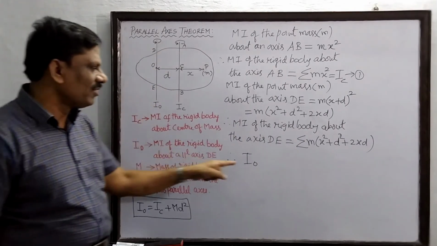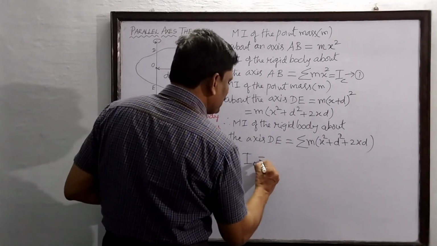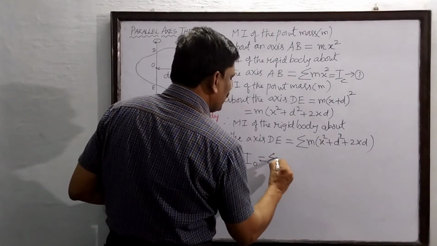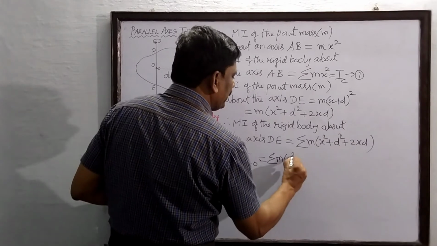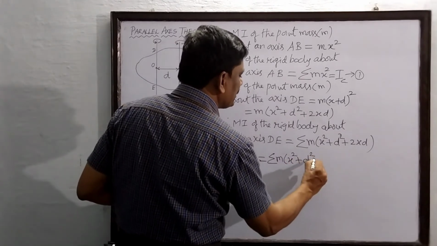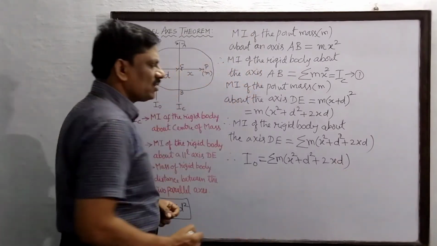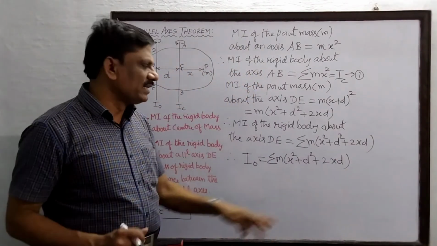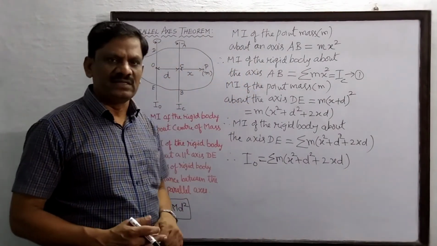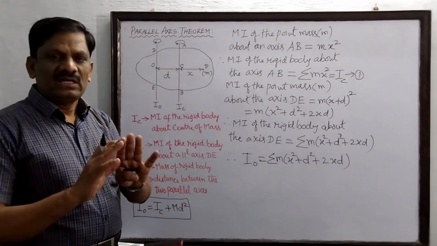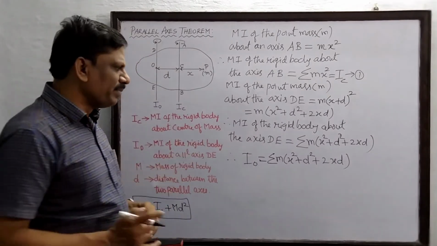Therefore, I naught must be equal to sigma m into (x square plus d square plus 2xd). So how many terms are there in the bracket? You see, there are 3 terms, so I am going to separate them into 3 summation terms.